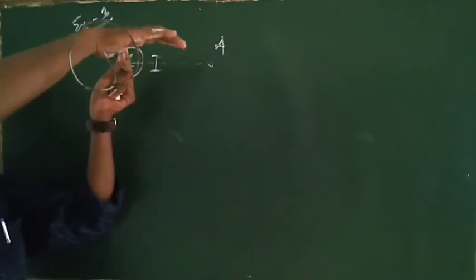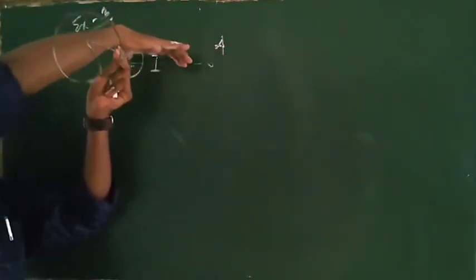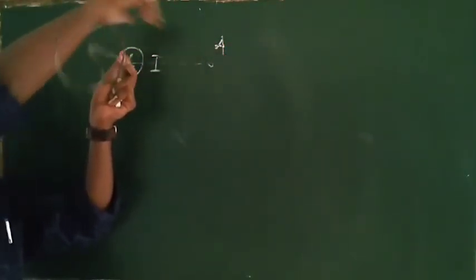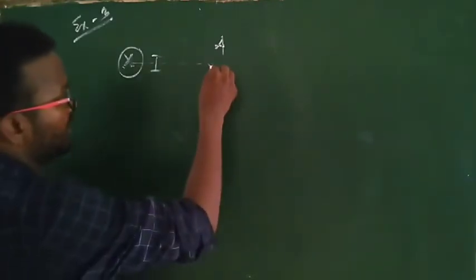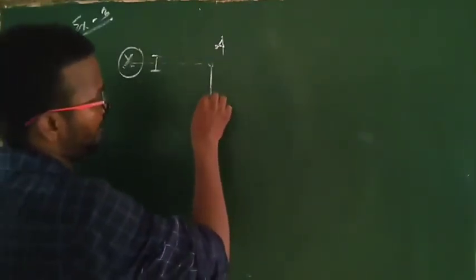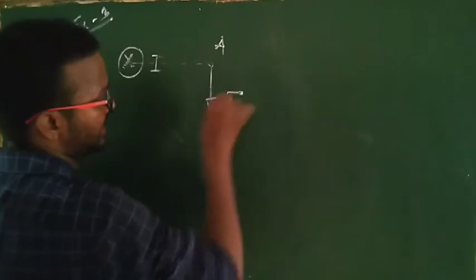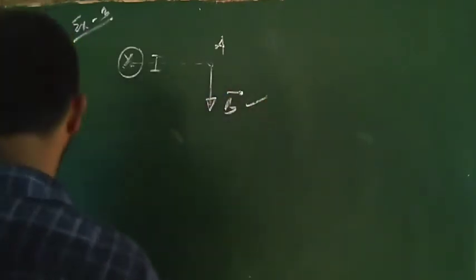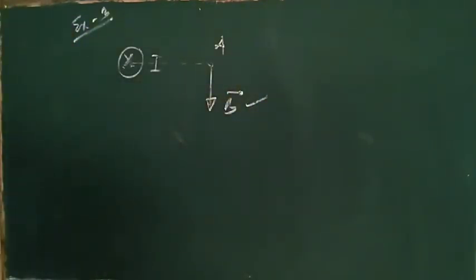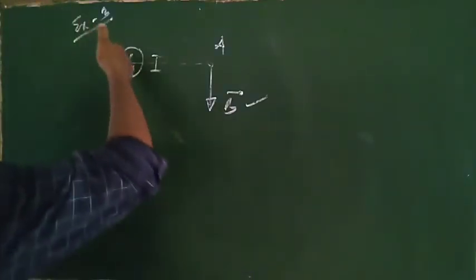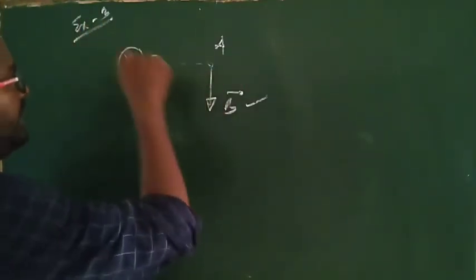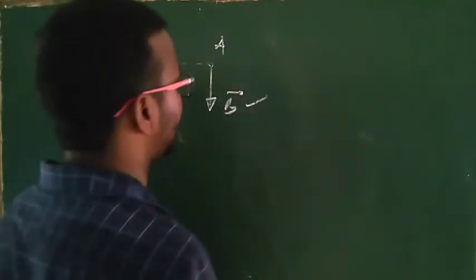The direction at this point is inward. Here, the direction of magnetic field is this direction. Clear? It is the direction of magnetic field if current flows perpendicular to the board, or inward. Clear? Another example.